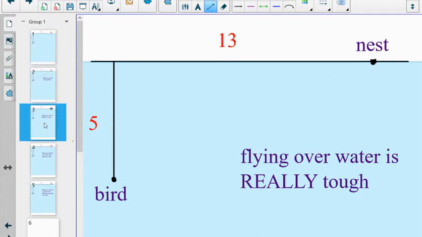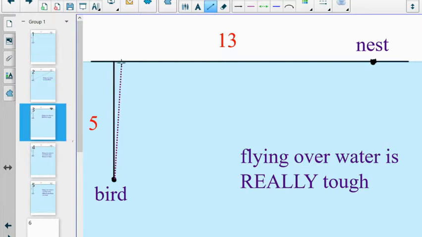If flying over water is really difficult, if it takes like 1,000 times more energy to fly over water than land, for whatever reason, well, then this bird is going to spend as little time flying over water as possible. Its path is going to be almost straight to land. Maybe I'll give him just a little tiny bit of angle because that's not much more of a difference.